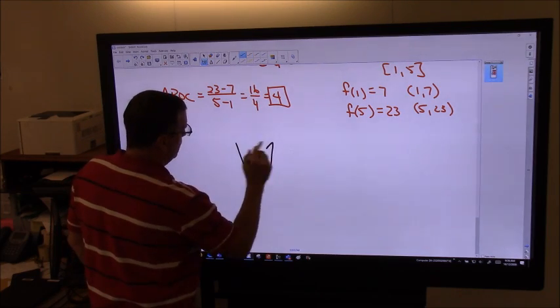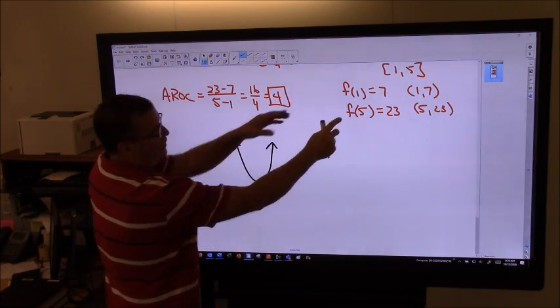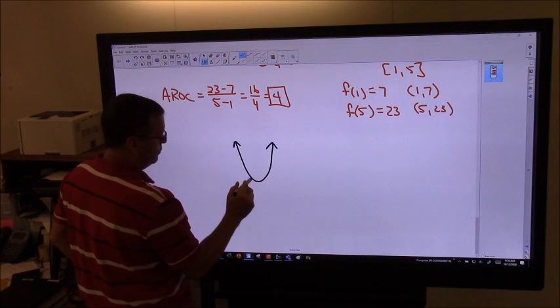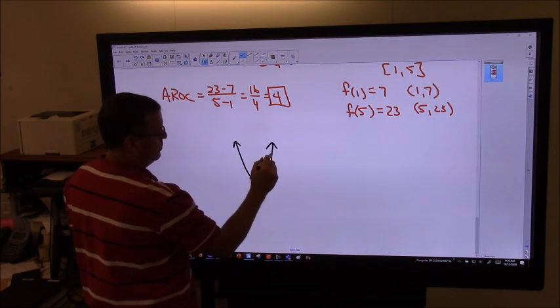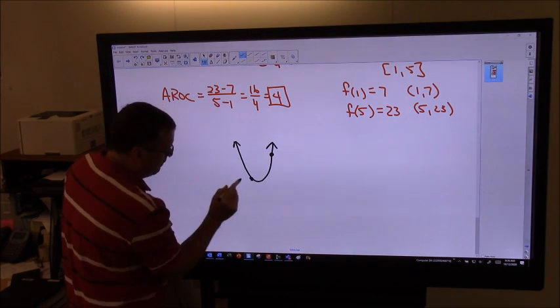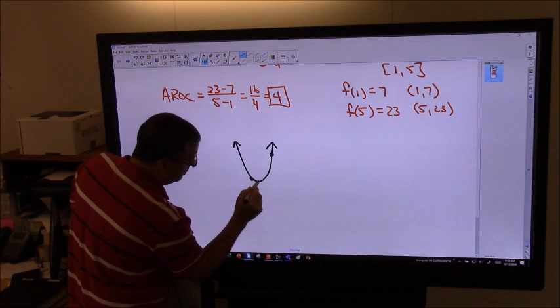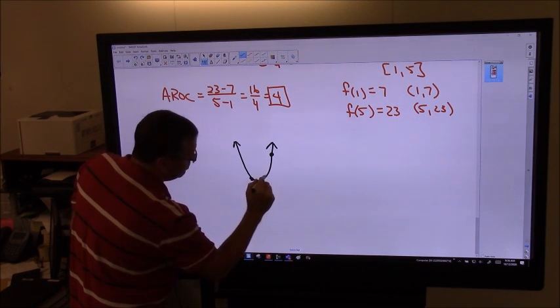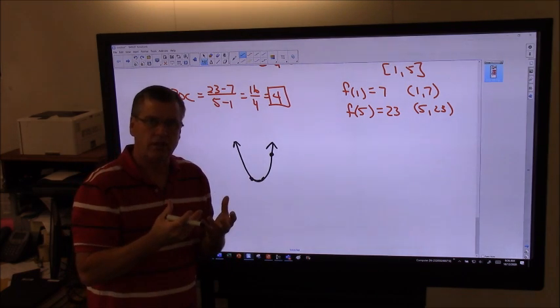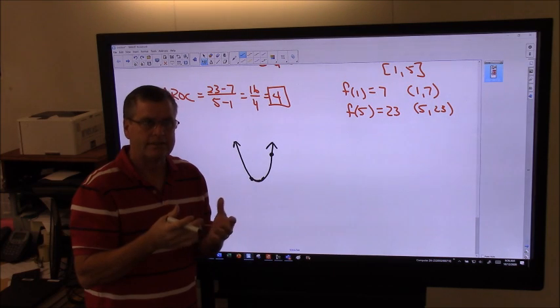Here's my parabola. I don't know where these points are, but let's just say here's one point and here's another one. If I was to do little segments and find slopes, because a slope really refers to a straight line, right? Not a curve.